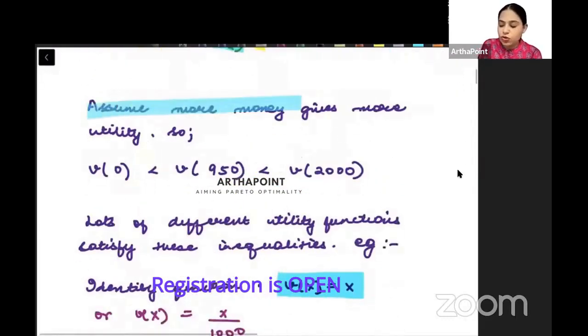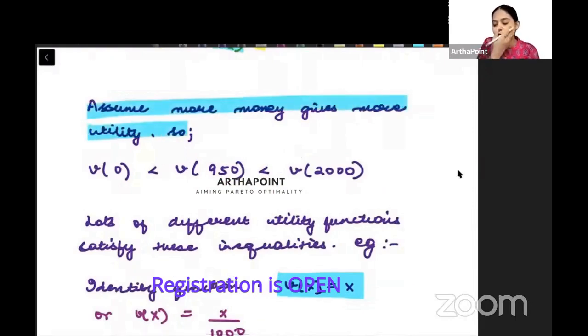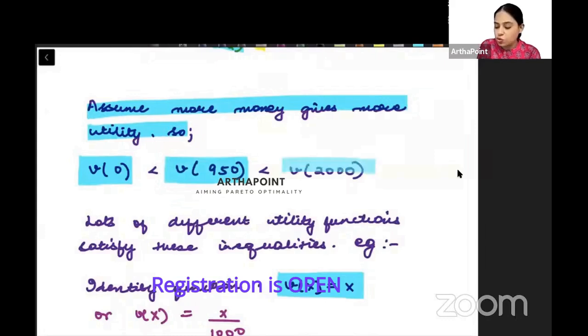Now what we are also assuming is that the more the money we have, the more the utility. माने अगर मेरे को 0 मिल रहे हैं उसका यूटिलिटी सबसे कम है, अगर मेरे को 950 मिल रहे हैं उसका यूटिलिटी ज्यादा है, अगर मुझे 2000 मिल रहे हैं उसका यूटिलिटी और ज्यादा है. So we are not assuming diminishing utility here. We are assuming increasing utility. जितना ज्यादा पैसा उतना ज्यादा utility. Right?